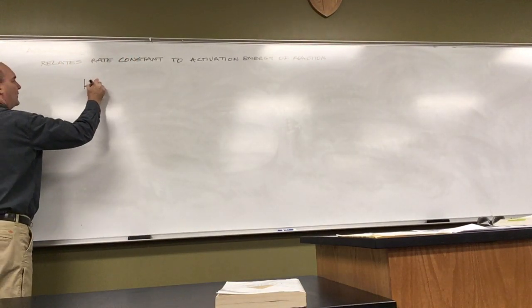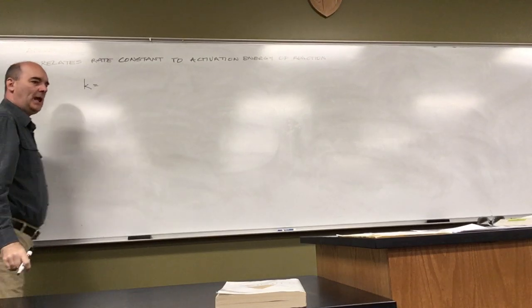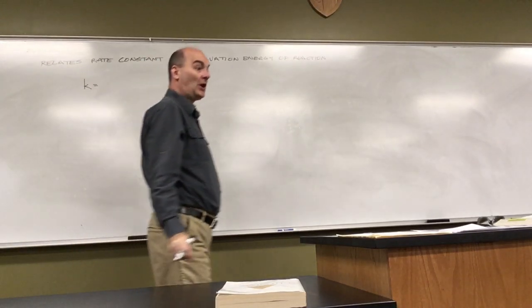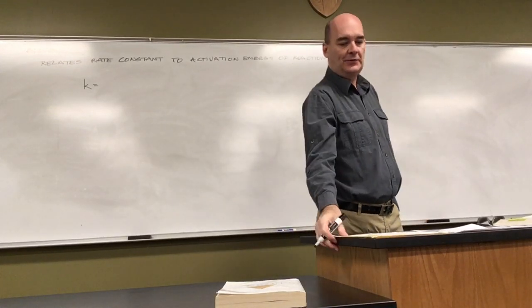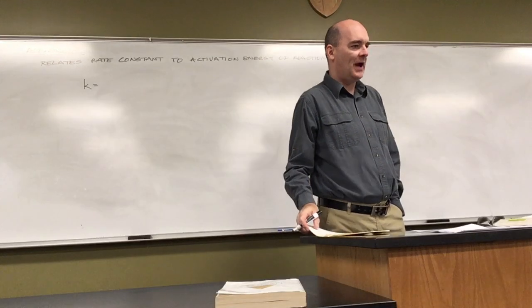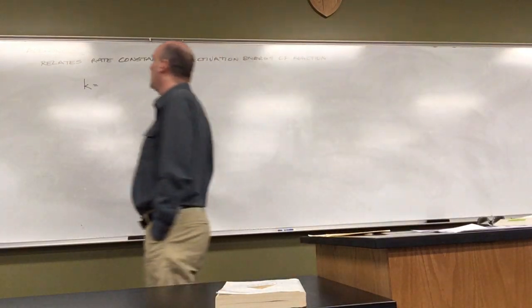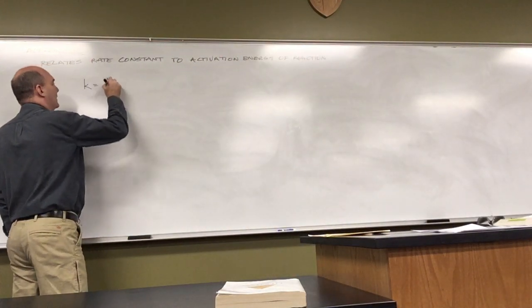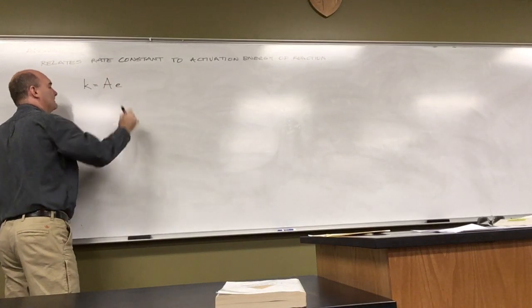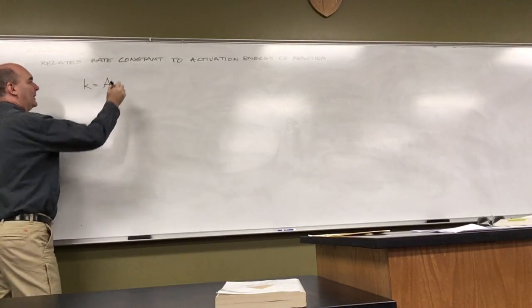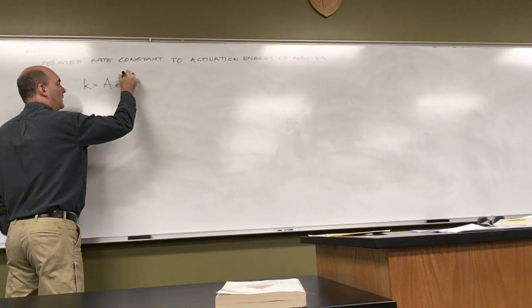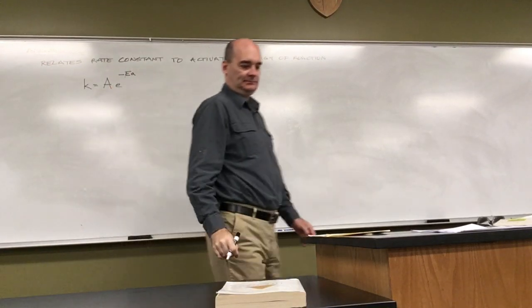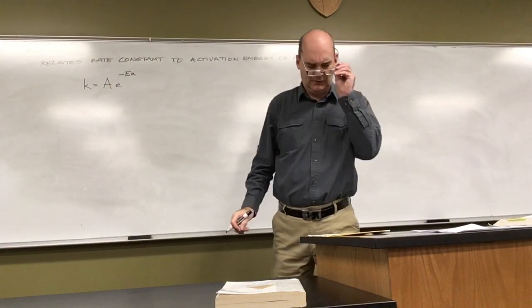So this is his first: k is equal to some factor A. Now A is called the collision factor or the frequency factor. It's not a number that we're ever going to go and track down. It's just a little bit tricky for us to get at. This is going to be over RT, not just over R. Yes, it's over RT.